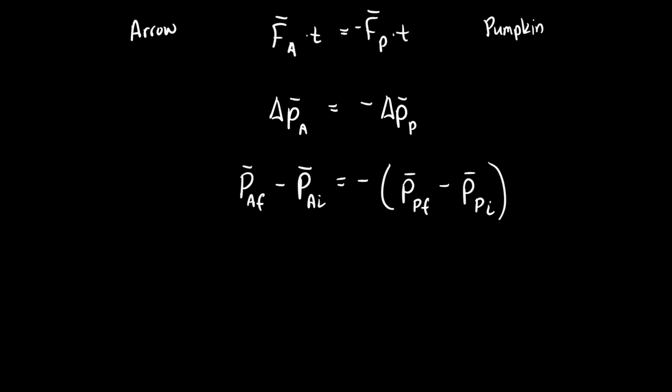Now I'm going to distribute that negative sign. It's no big deal. I know I'm writing it all out, but I expect that you guys can do this basic algebra stuff.